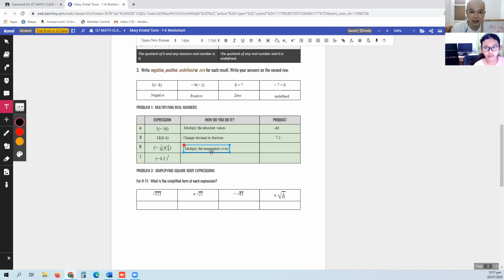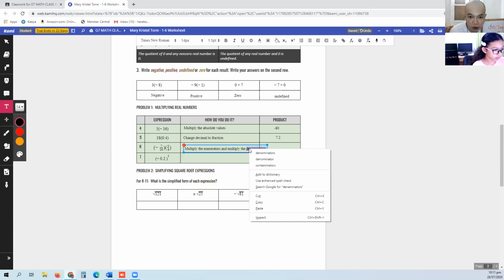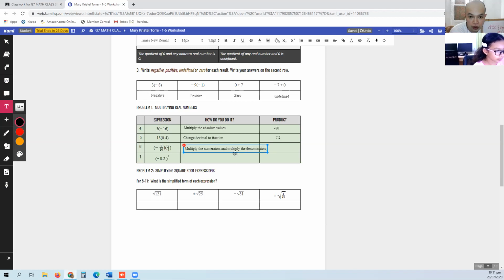Say and. Remove over. And multiply the denominators. Multiply the denominators. How do you make it fit?